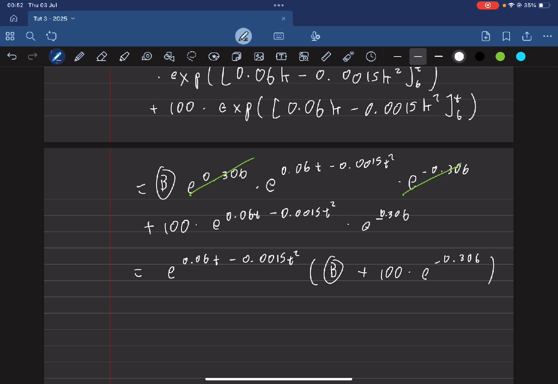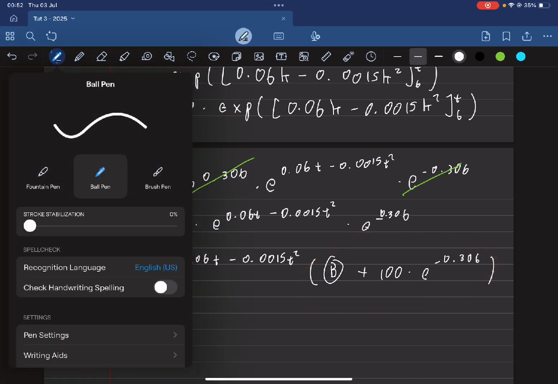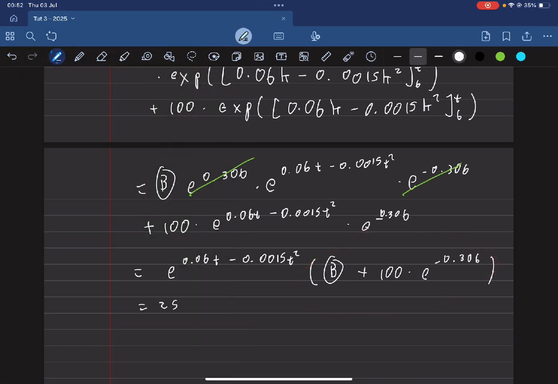Cool. And when we simplify this using our calculator, we're going to get 256.82 times e to the 0.06t minus 0.0015t squared. Okay, and once again, I'm going to save this in my calculator as c for future.